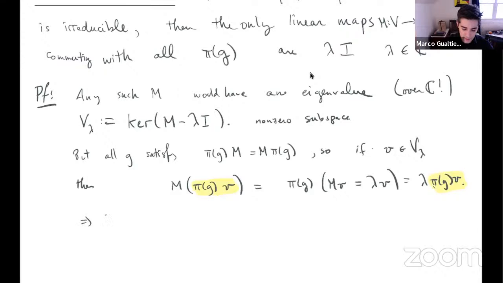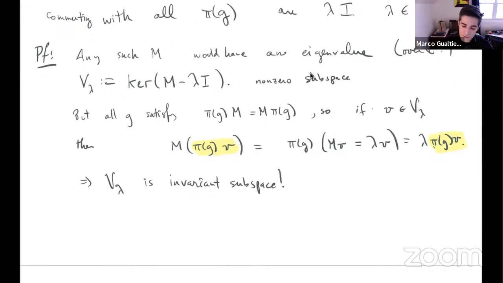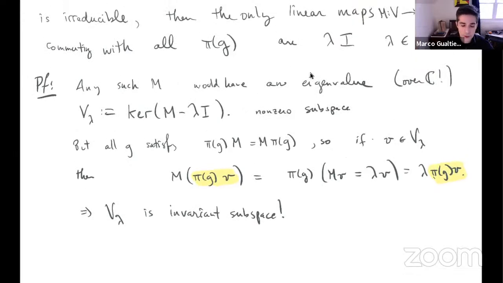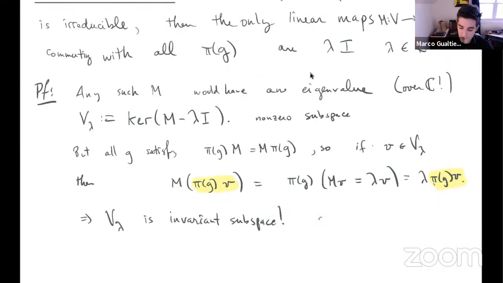So this means that V lambda is an invariant subspace. That would contradict irreducibility unless V lambda is all of V, in which case M is just lambda times the identity.